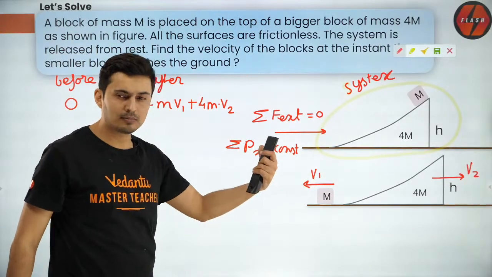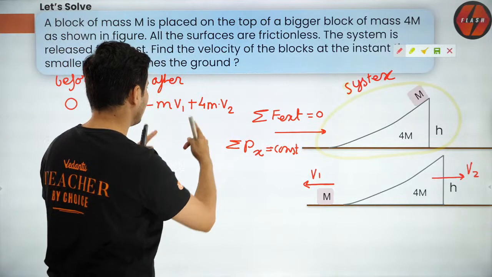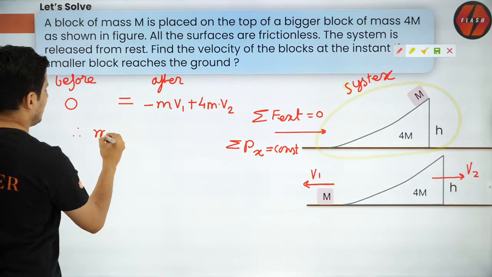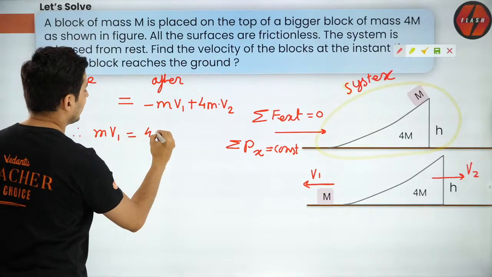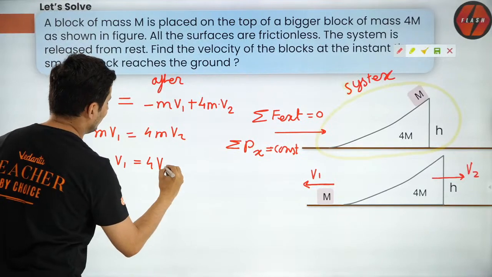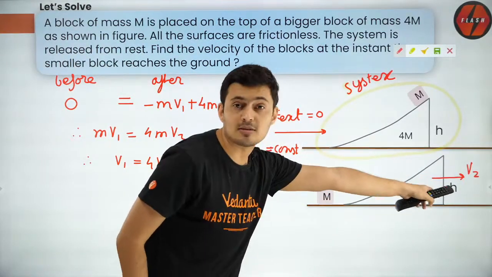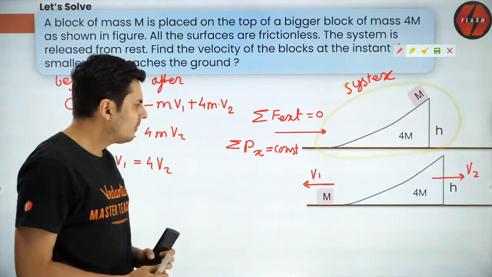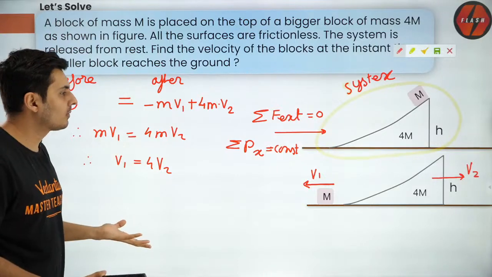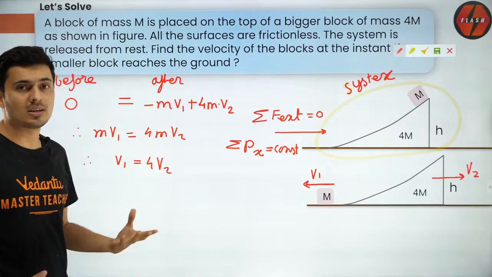I hope this is clear. Now rearrange this. So what will you get? You will get m v1 is equal to 4m v2. So v1 is 4 times v2. Oh, so this block has velocity 4 times that of the wedge. But how much is it? I do not know. I just know it is 4 times more. But what is the value of v2? Do I know that? I don't think so. I do not know that yet. We have to do something.